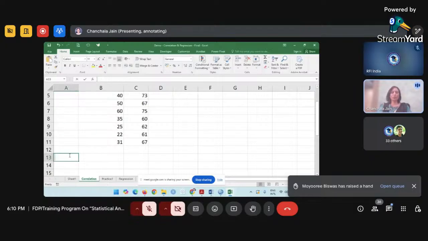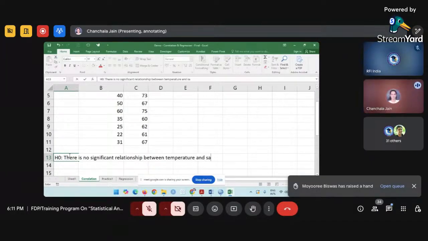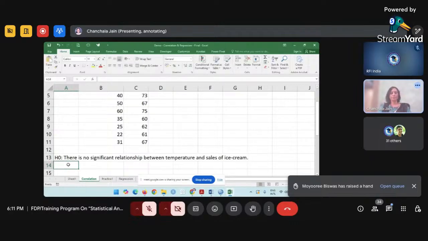So the first thing is you need to formulate your hypothesis. It will be: there is no significant relationship between temperature and sales of ice cream. Very good. Thank you, sir. Done?